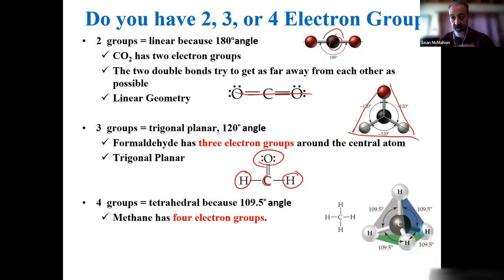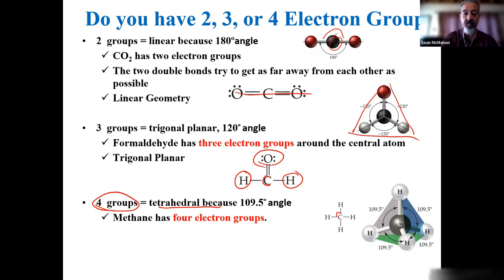So in a 2D model, it's true. It would look like, hey, this is 90 degrees. But in 3D, we're not limited to 2 axes, X and Y. We can actually expand that angle to a larger angle in 3D and form what is referred to as a tetrahedron. That's why the electron group geometry, when I have 4 groups, is tetrahedral.